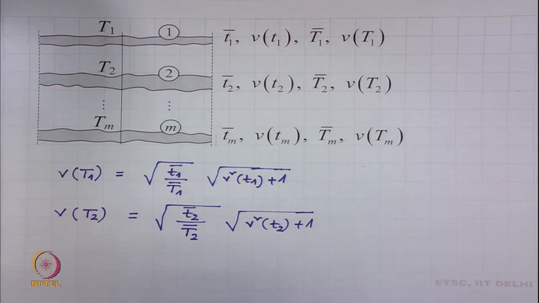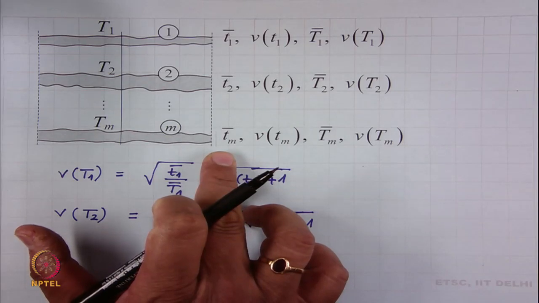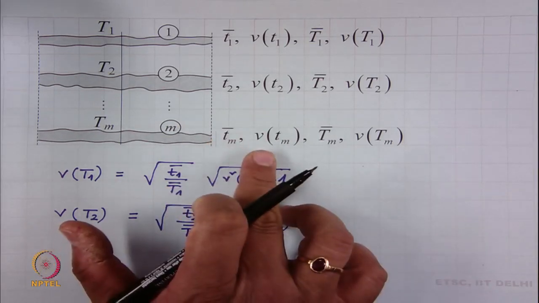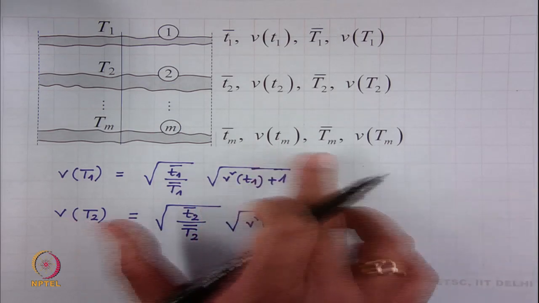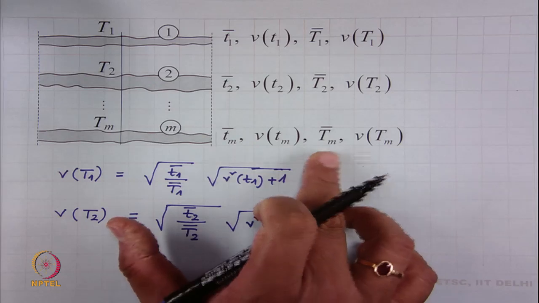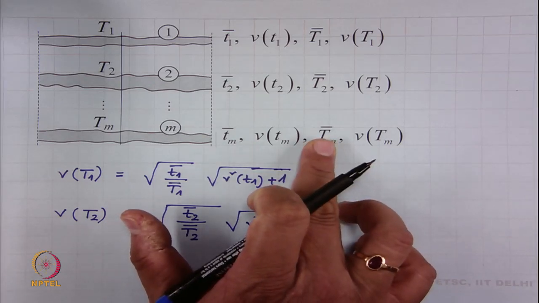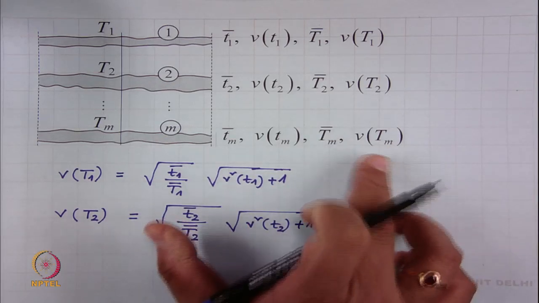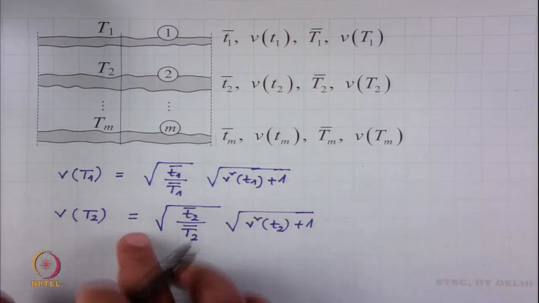Now, we come to the mth sliver: mean fiber fineness small t subscript m bar, CV of fiber fineness V t subscript m, mean sliver fineness capital T subscript m bar and CV of sliver fineness V capital T subscript m. This can also be found out by using Martindale's model in a similar manner.